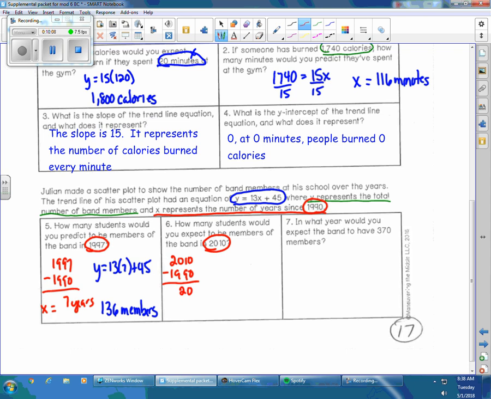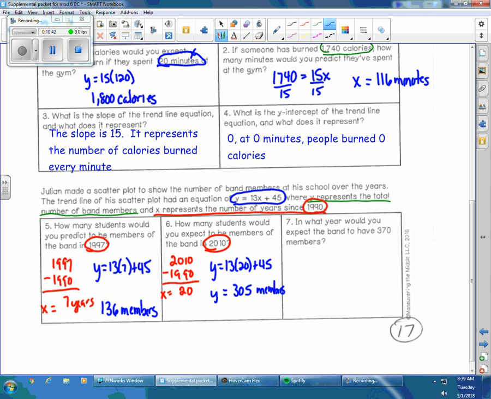What I'd like you to do right now is pause the video, set up the equation just like we did, so our x here is going to be 20, solve it, and then unpause the video to see if you've got it right. Okay, so when I do that calculation, I get 305 members.